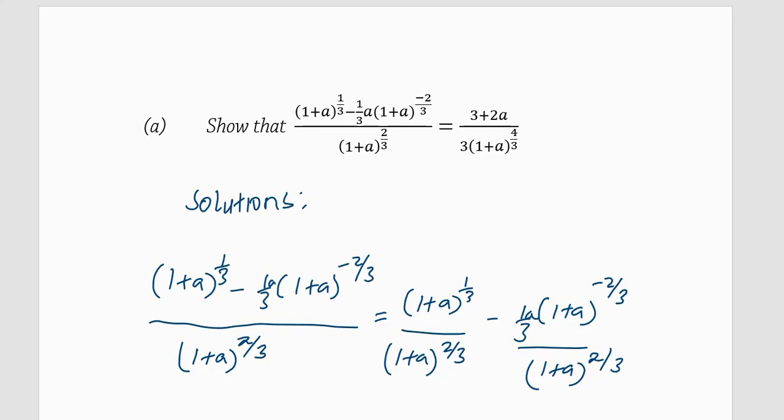In this video we are looking at algebraic expressions that require the application of the laws of logarithms and indices.